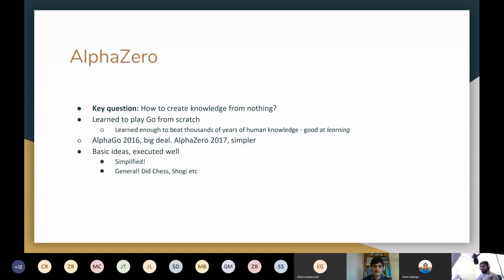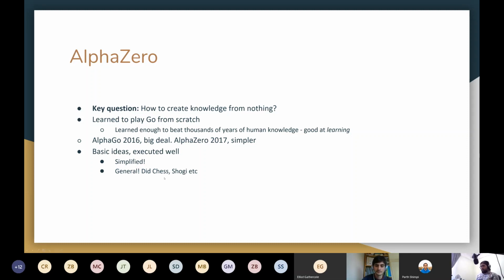At its heart, this algorithm has a few really basic ideas that were just executed exceptionally well. I'm going to simplify and just give a very rough outline of the coolest ideas, and I'll link to some more resources if you want to dig more into this yourself. The other really interesting part about AlphaZero is that it was a really general algorithm.